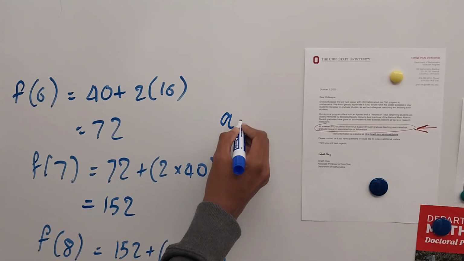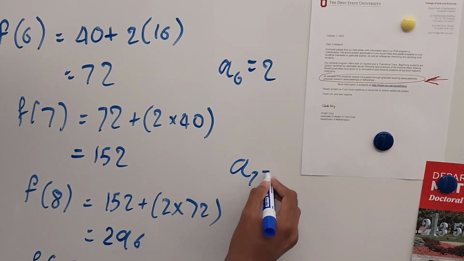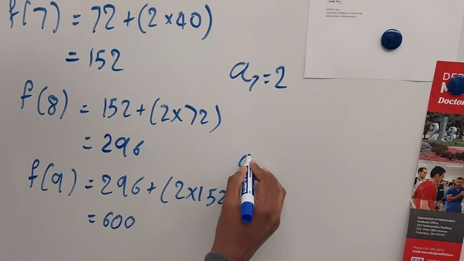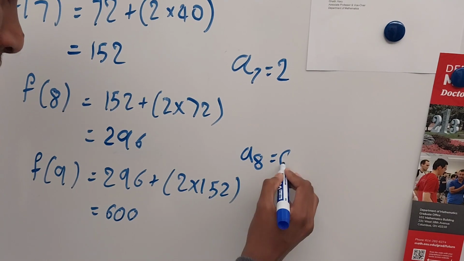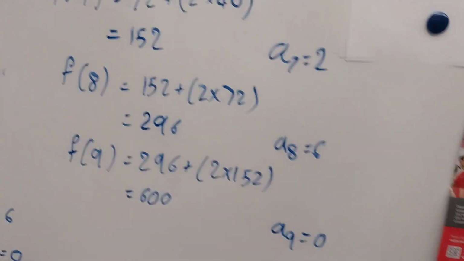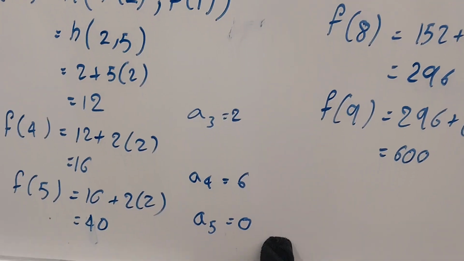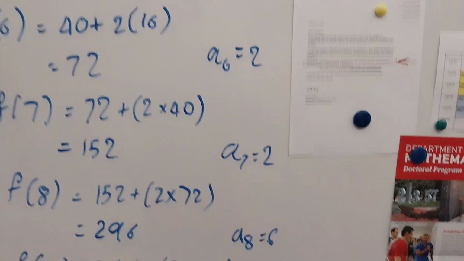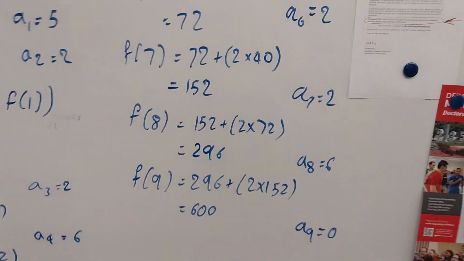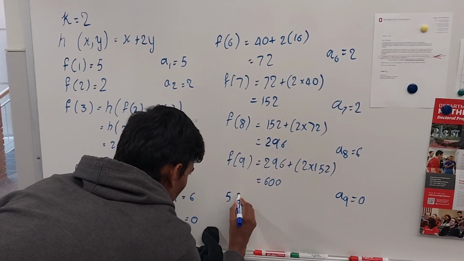Last digit here is a 2, last digit here a 2, last digit here a 6, last digit here a 0. And what do we get as our pattern here? 5, 2, 2, 6, 0, 2, 2, 6, 0. So the 2, 2, 6, 0 is repeating, and it will keep repeating.